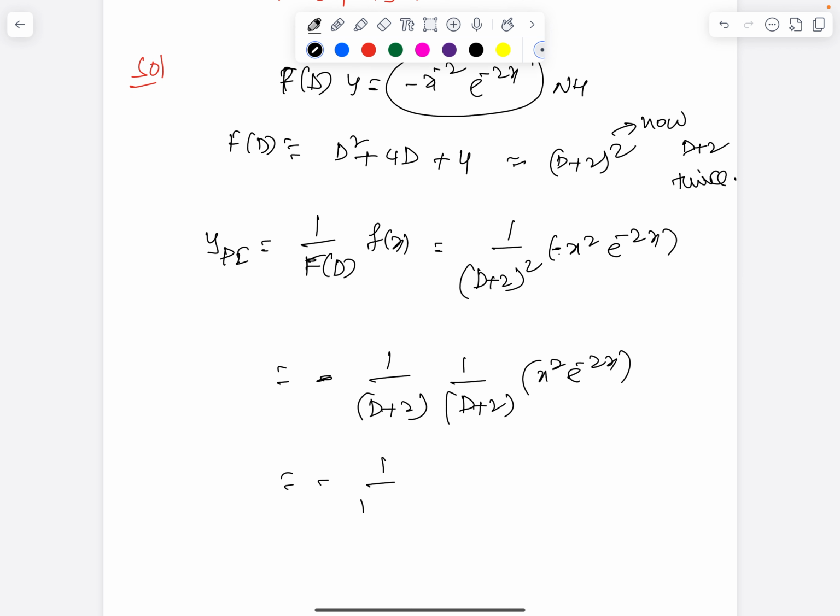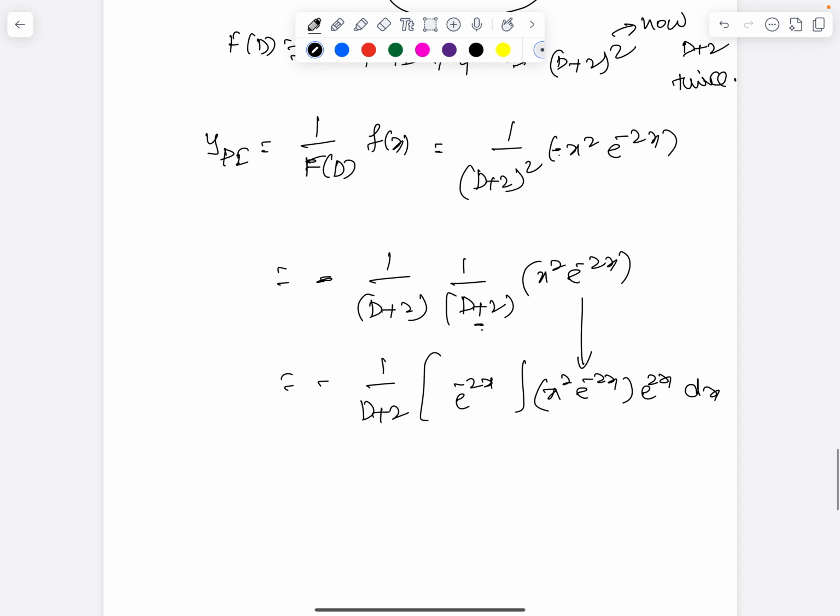Therefore, this is 1 by (D plus 2) into, you follow the same procedure. The opposite sign term, that is plus 2, is coming outside, e power minus 2x is coming in, x squared e power minus 2x is the given term, and that must be multiplied with e power 2x dx. Whatever is given must come exactly in this form.